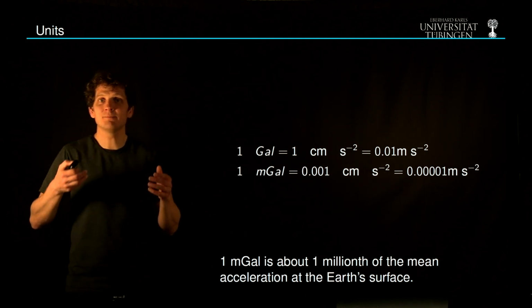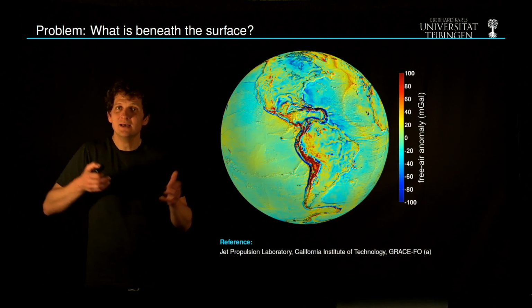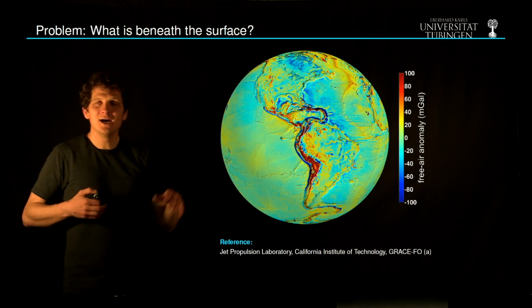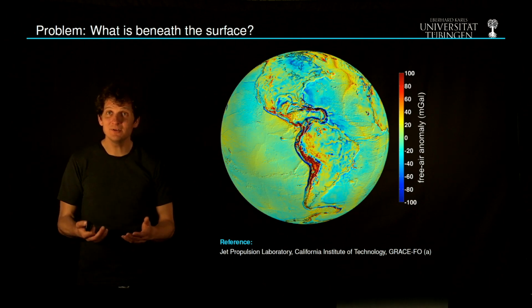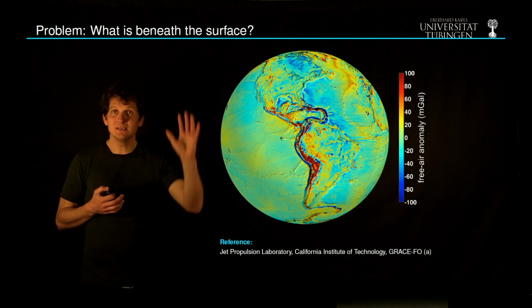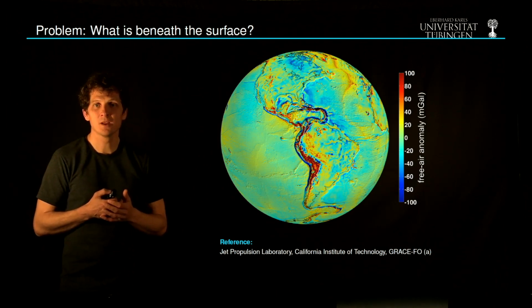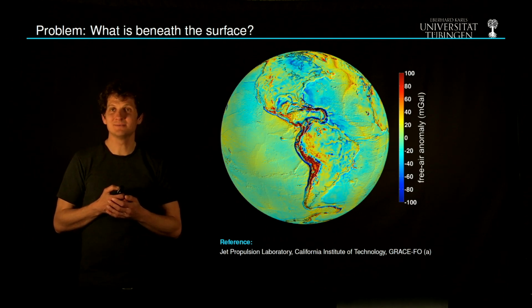In fact, it is about 1/1,000,000th of the mean acceleration at the Earth's surface. And this gives you an impression about the required sensitivities and about the qualities of the corrections that need to be applied in order to get such a detailed image of the subsurface.